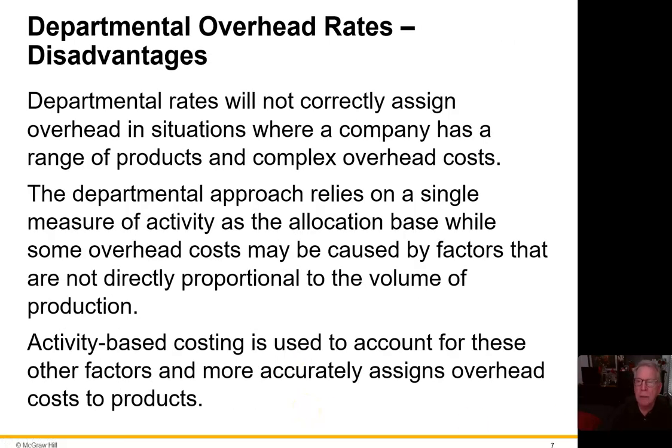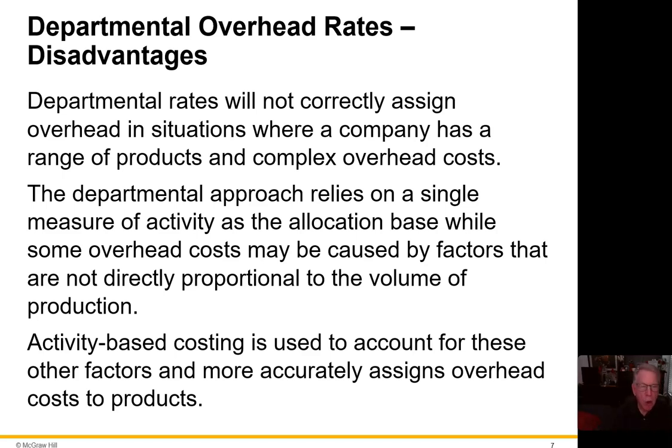All right, disadvantages. Departmental rates will also not correctly assign overhead in situations where a company has a range of products and complex overhead costs. The departmental approach relies on a single measure of activity as the allocation base, while some overhead costs may be caused by factors that are not directly proportional to the volume of production.